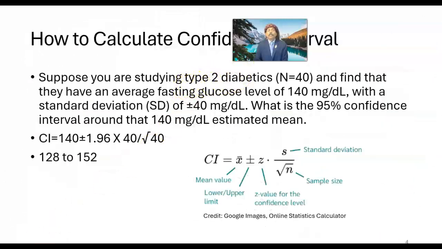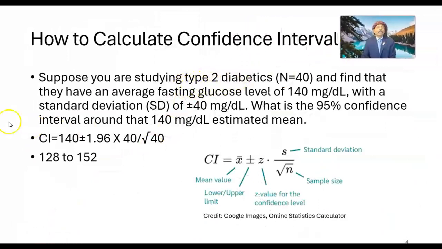How to calculate the confidence interval? Suppose you are studying type 2 diabetes. Millions of people have type 2 diabetes, and we have a sample of 40 individuals.